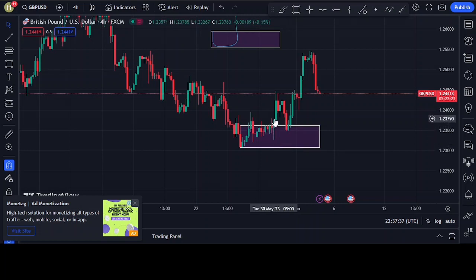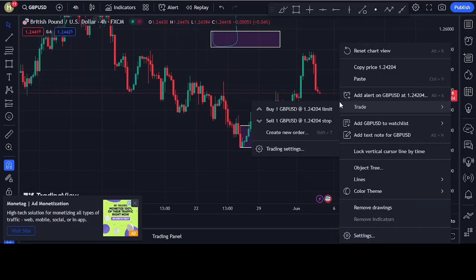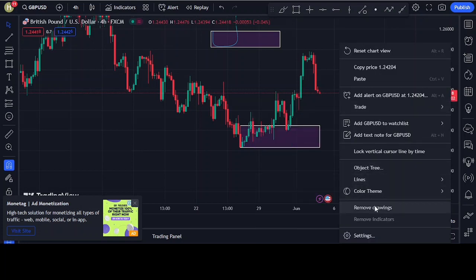If you are taking your buy from here, then your stop loss will be below your zone. Your stop loss can be here, 1.2301. So you are risking about 30 pips to get 60 pips, which is the perfect way of making your zones and making your profit in the market.